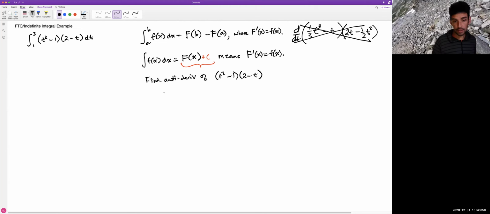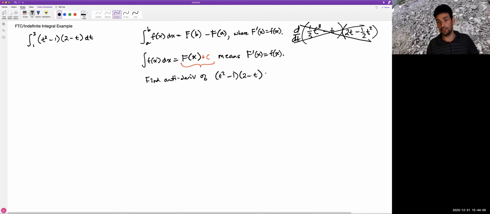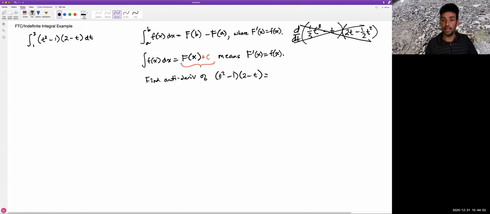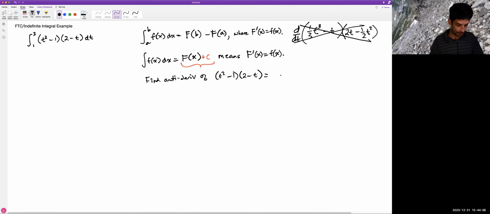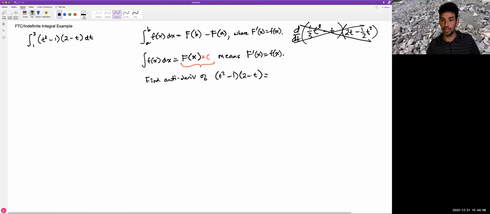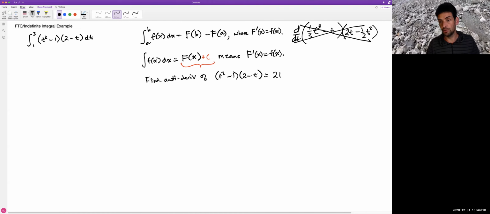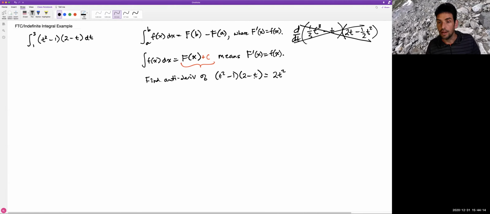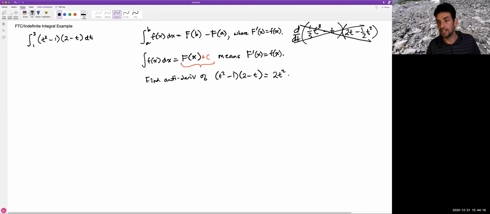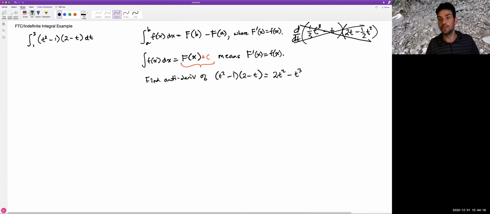Well, what we can do is a little bit of algebra. If I expand this expression, let's multiply it out. t squared times 2 is 2t squared. Then t squared times negative t is minus t cubed.